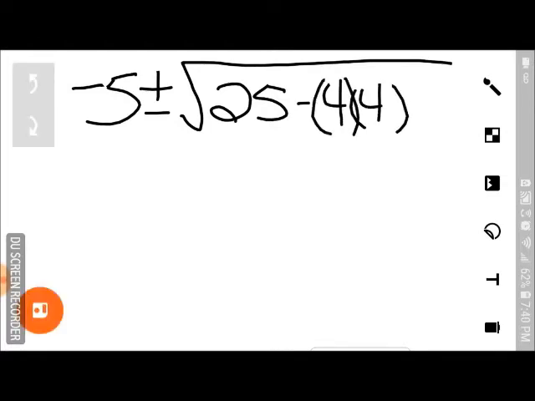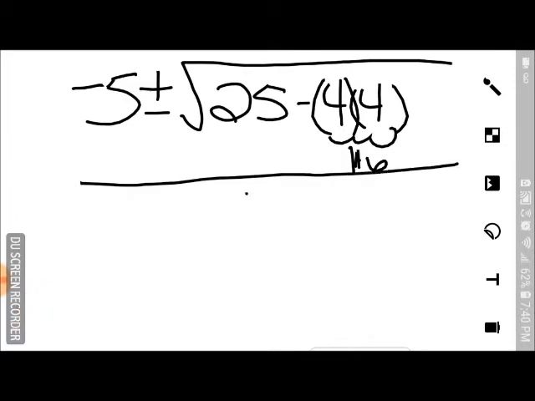Remember that 2 and that 2 made a 4. So that's going to be a 16. Okay? And all of that is over 4. Remember, from before that 2 and that 2 made a 4.